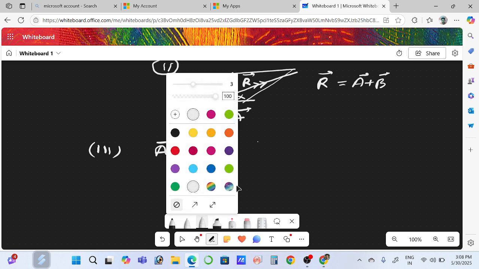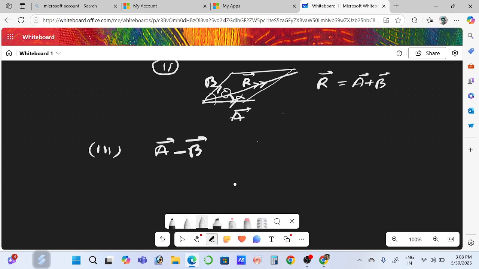Suppose you want to subtract A and B. Say this is A, okay, and this is B, which are represented by the corresponding sides of a parallelogram. Now, if you want to subtract B, you just flip the direction of B and complete the parallelogram, and this is the diagonal which actually represents the subtraction of A and B, A minus B.